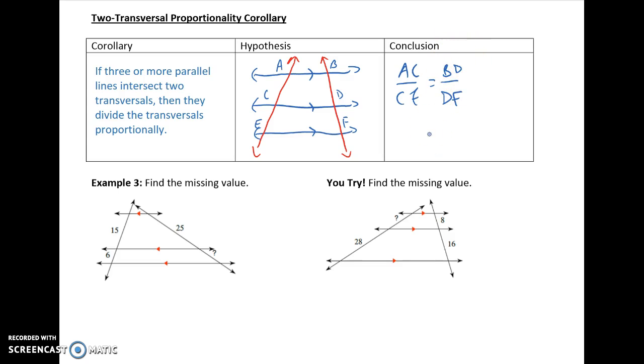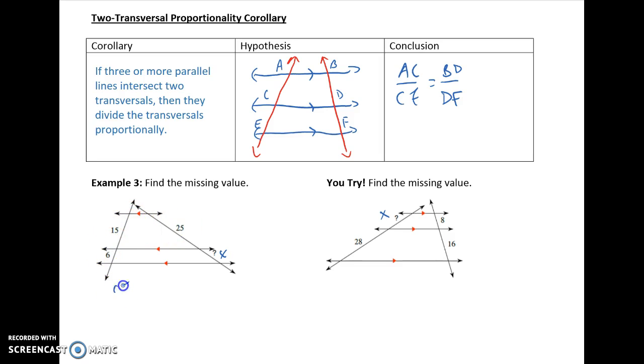Take a look at example 3, and let's find the missing value, that question mark. And remember, you can always use X to indicate what you're trying to find here. So how would I set up my proportion? Well, remember, I could be comparing the pieces of the sides, right? Keeping the top with the top, the bottom with the bottom.